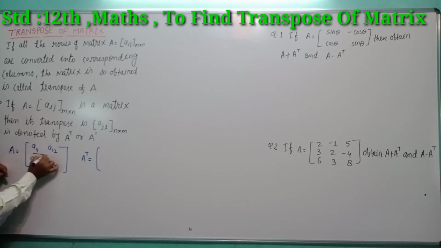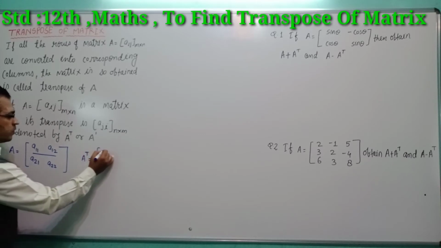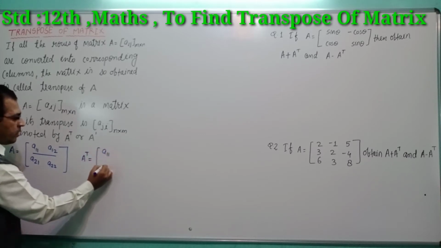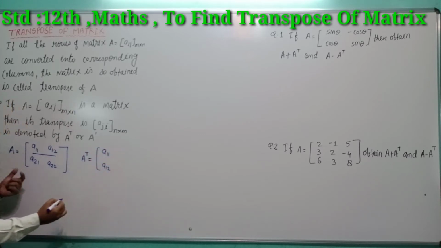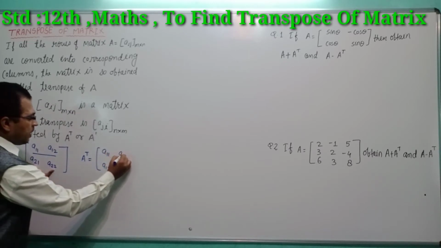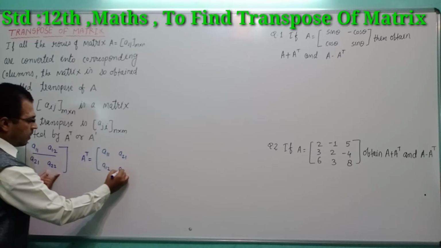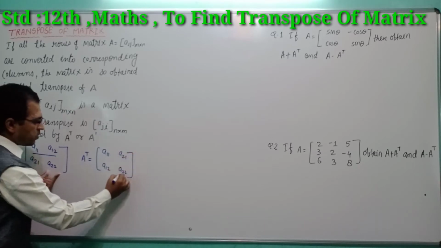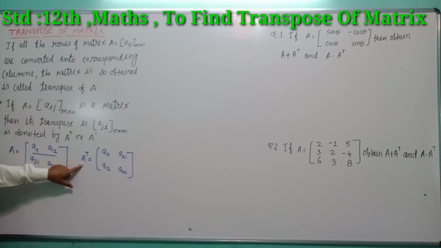So this row will be converted into column. So you can write A11, A12, and A21, A22, right students? A transpose is the transpose of matrix A. Okay, let us see another example.